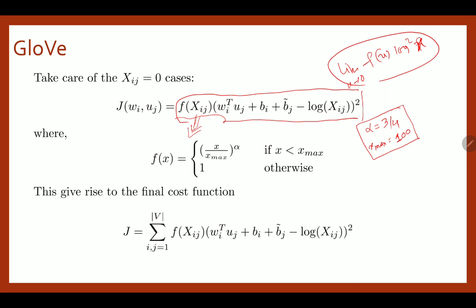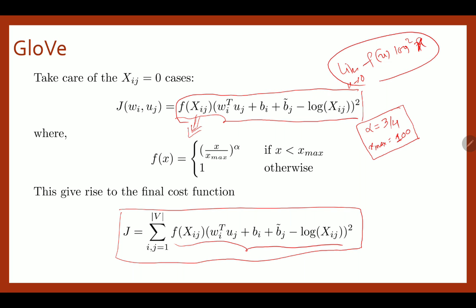With this choice of the weight function f(x), the final cost function can be written like this. Because you want to look at all of the words, i and j go over all words in your vocabulary, and then you want to minimize this whole thing.